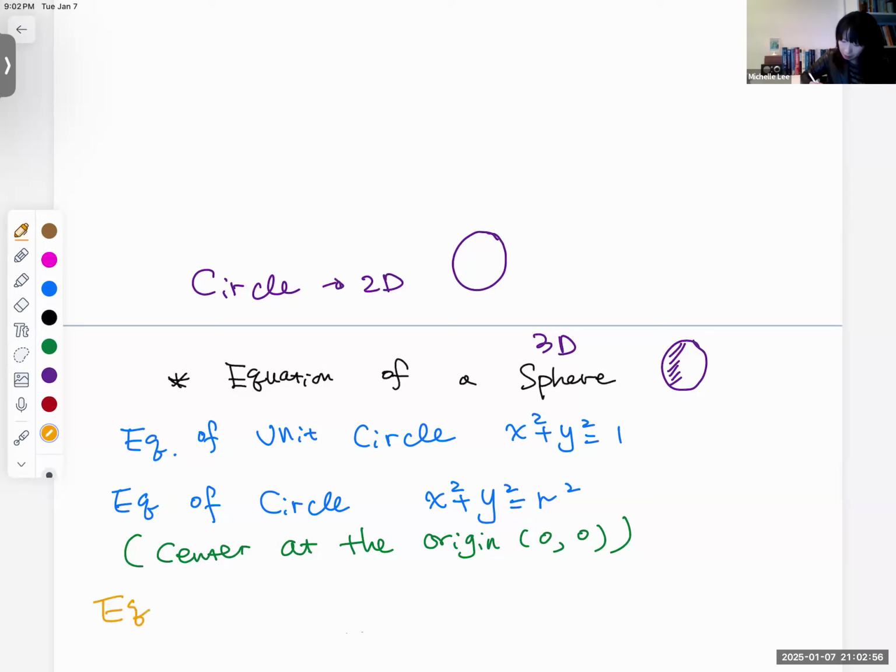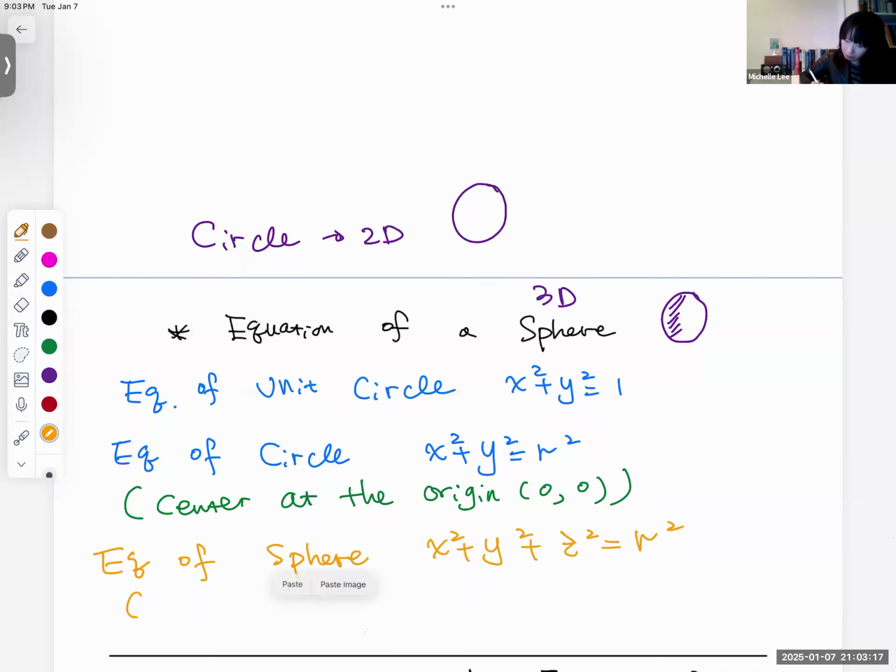This is the equation of a sphere: x squared plus y squared plus z squared equals r squared. And this is the center at the origin, so 0, 0, 0, right?